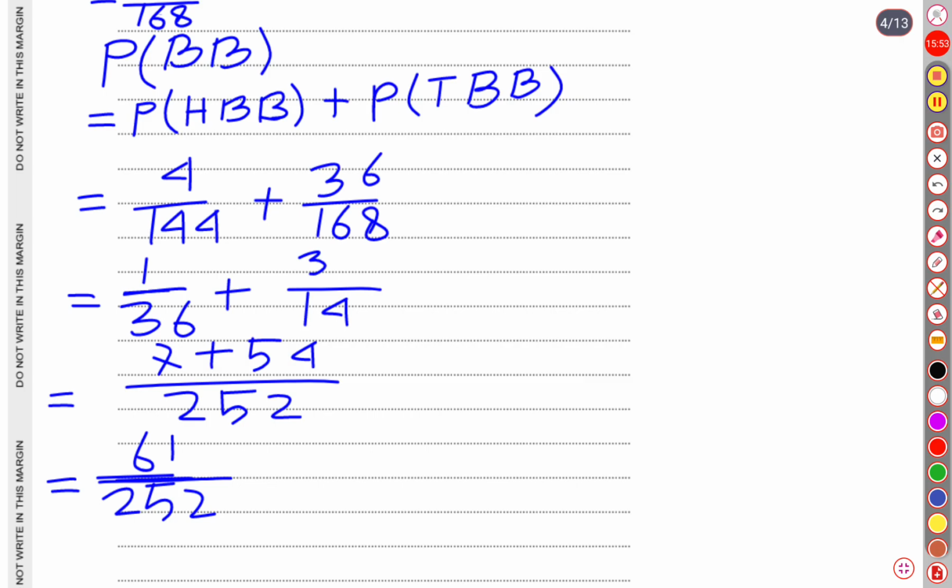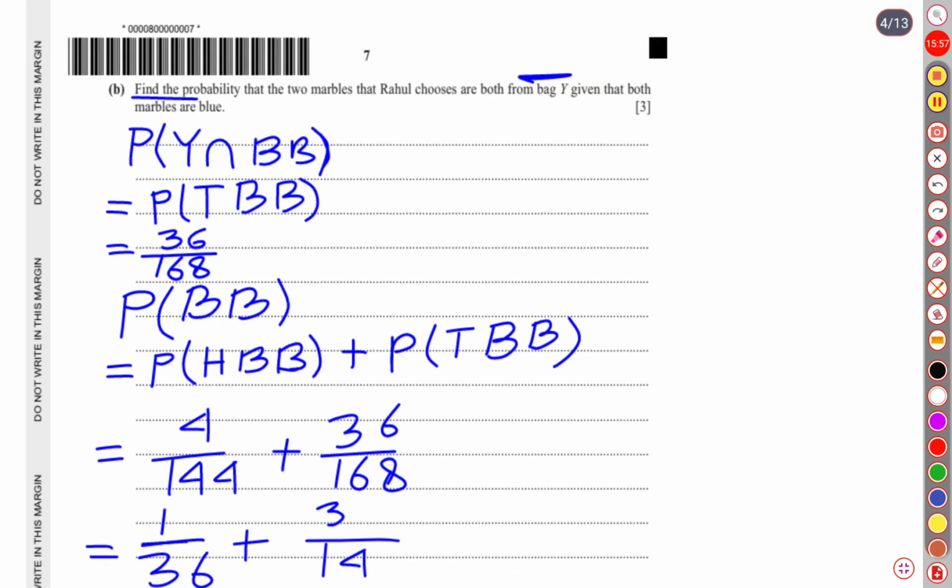Well, now let us go back to our question. What does our question say? Find the probability that the two marbles that Rahul chooses are both from bag Y, given that both marbles are blue. So Y and blue. How to write this?